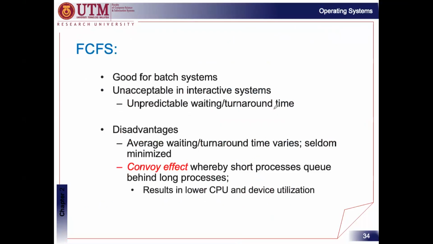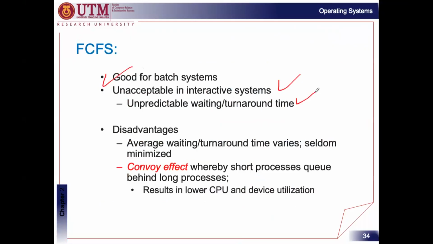As a conclusion, it is good for the batch system, but unacceptable and ineffective otherwise. Finally, the decision on first come first serve: this algorithm depends on the application. Sometimes it is good for certain parts, maybe not for another.